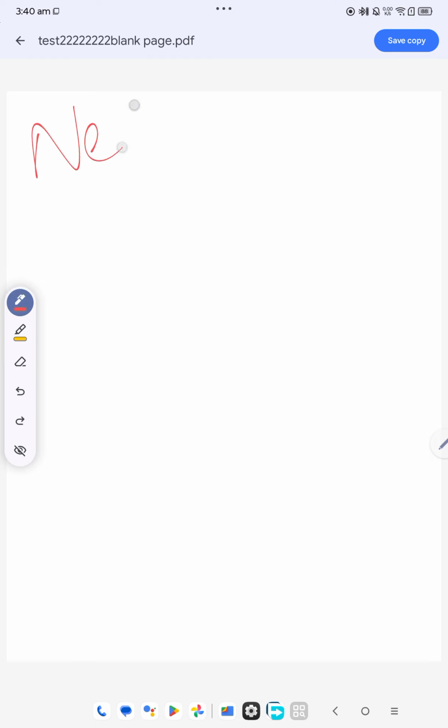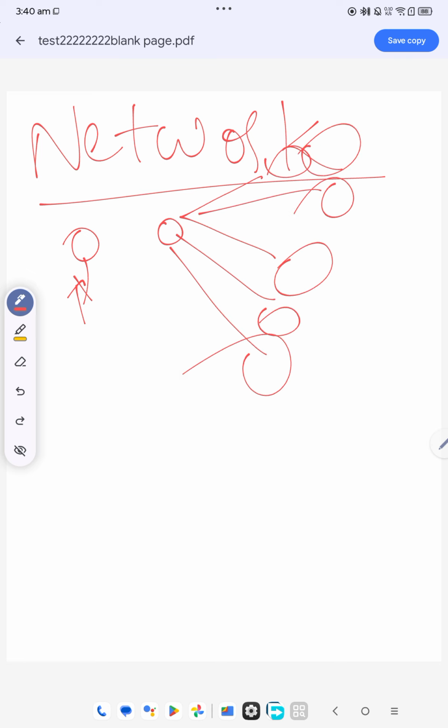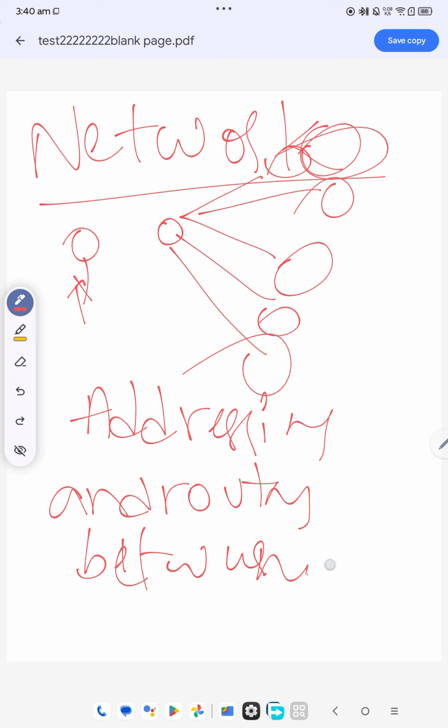Next, the network layer. Okay, we are connected to a single network, and in that network he is searching for something, maybe a movie, YouTube, email, or anything. Here the network layer handles addressing. It only handles addressing and routing between networks using IP.